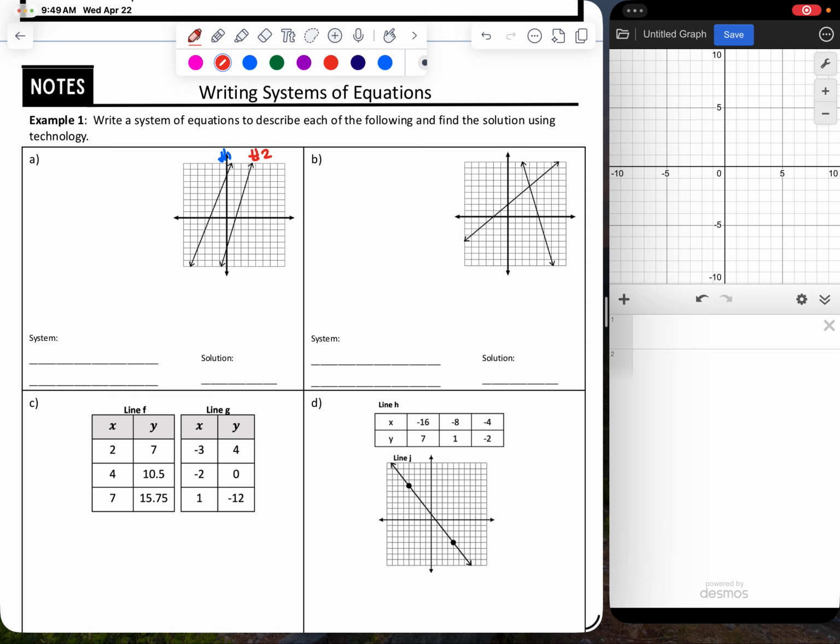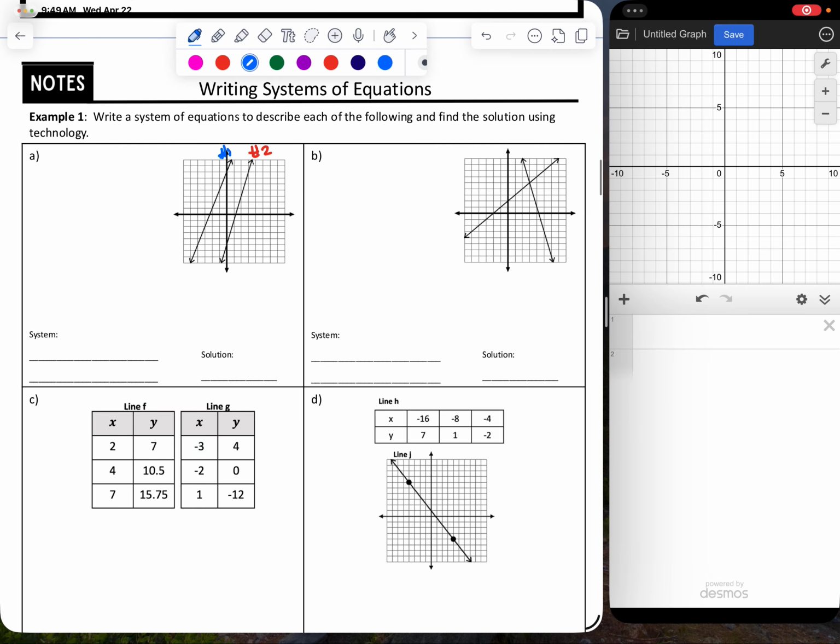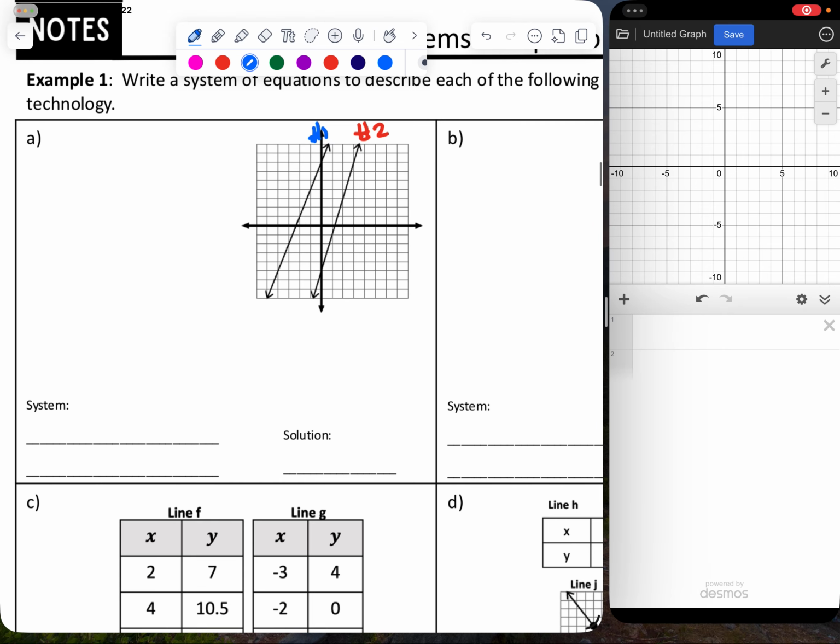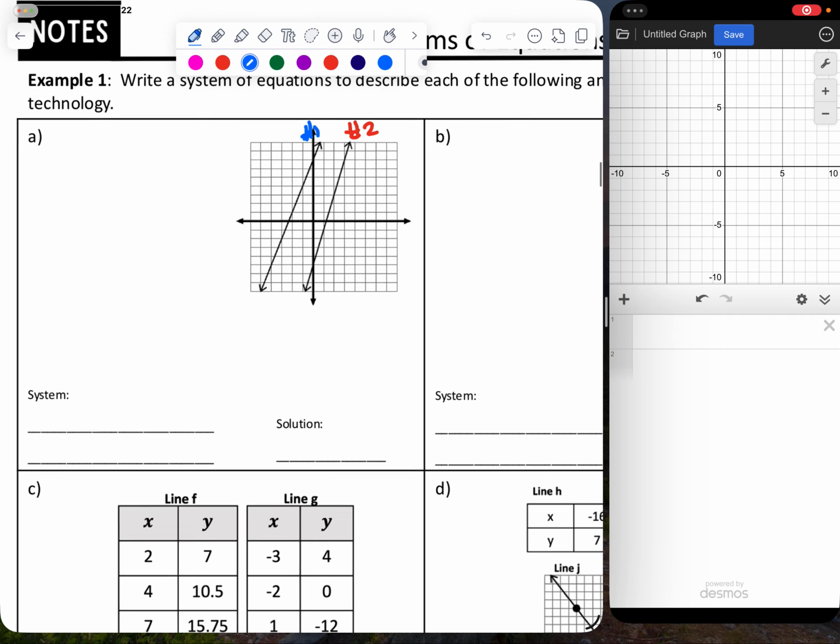Now remember from our previous unit, to write the equation of a line, we need to know the slope and the y-intercept. So let's start with line 1, and we're going to find the m, the slope, and the b, the y-intercept. So to find the slope, I want to pick two friendly points.